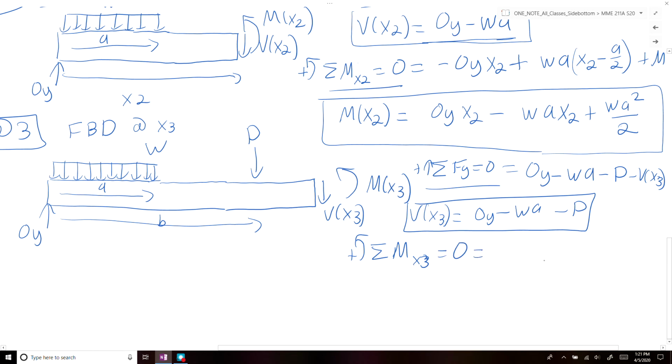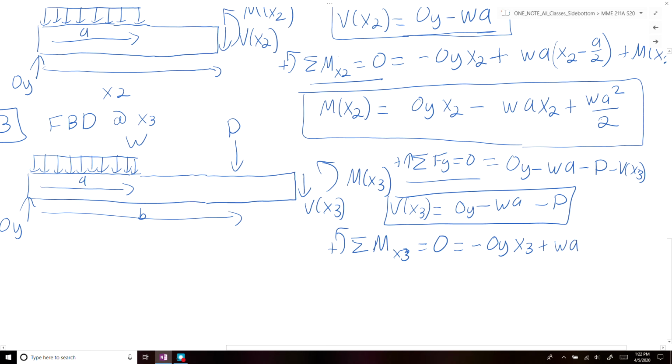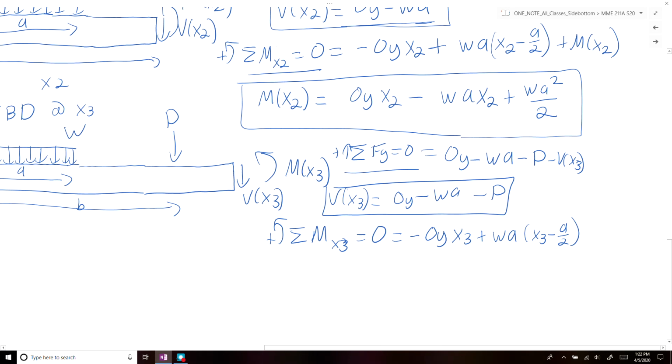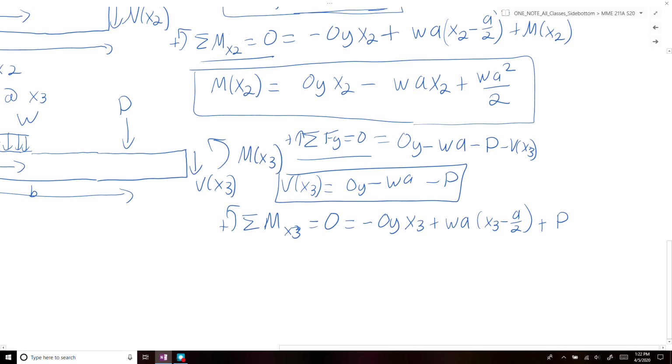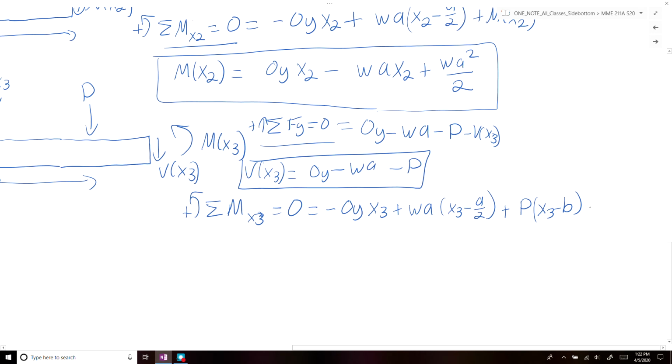If we do that, we'll get minus O of y times x3 plus WA times x3 minus A over 2, minus P times x3 minus B, and then we'll have to add M of x3.